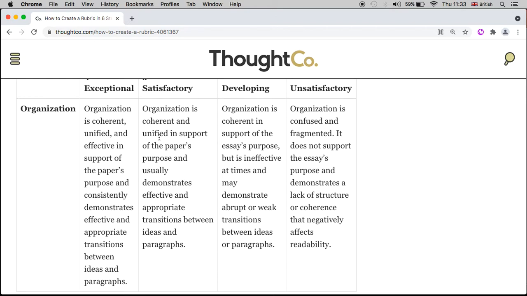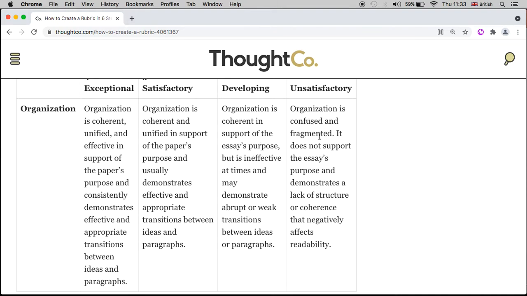Organization is coherent and unified, in support of the paper's purpose, and usually demonstrates, like here. So here we see this is 100%. This is usually, it's like 80%. Developing, organization is coherent, but is ineffective at times and may demonstrate abrupt or weak transition. So this would be like 60%. And then unsatisfactory.